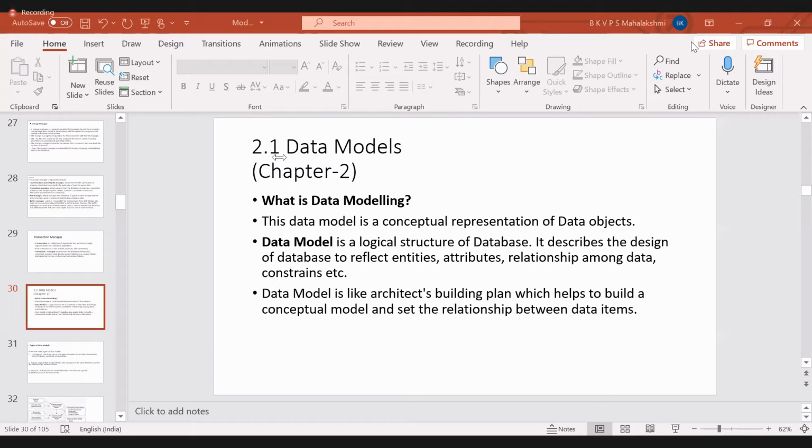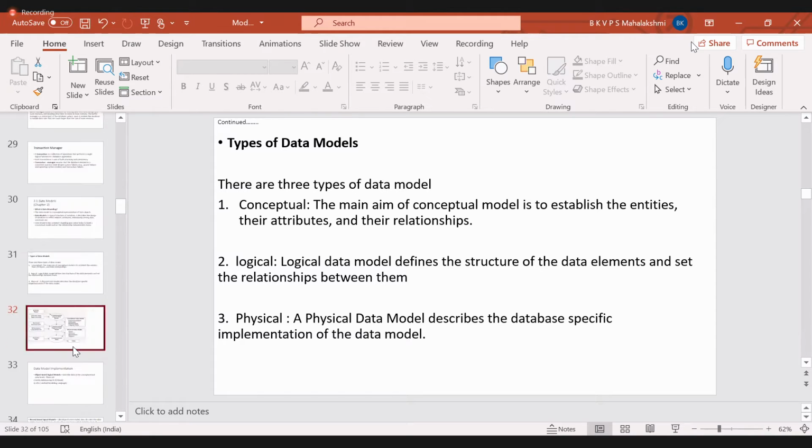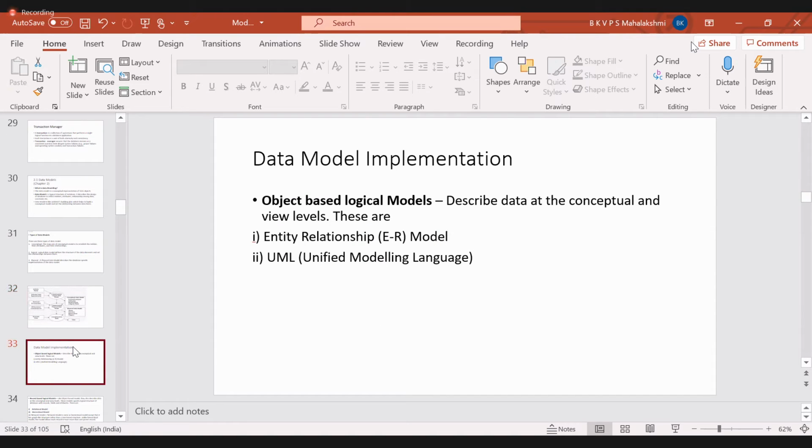Okay, anyhow, you can read this, and let us go with the next slide. Conceptual, logical, physical, whatever I said in the levels of abstraction, that is what this one is. And this is not necessary. Data model implementation: actually, the main thing is two only.